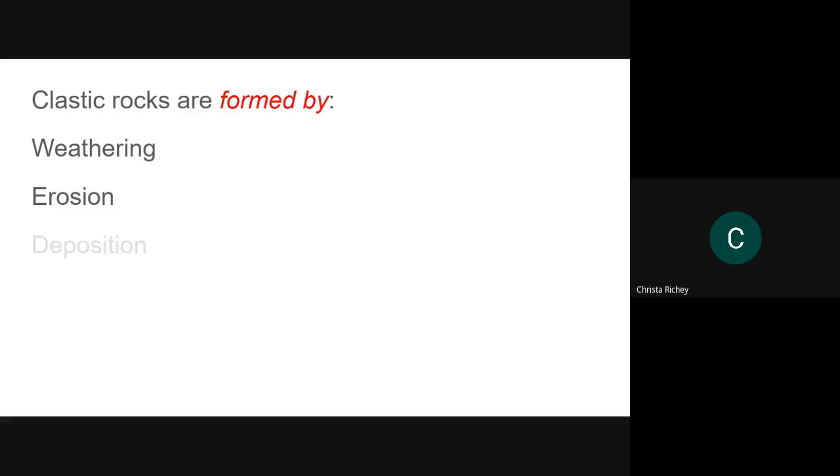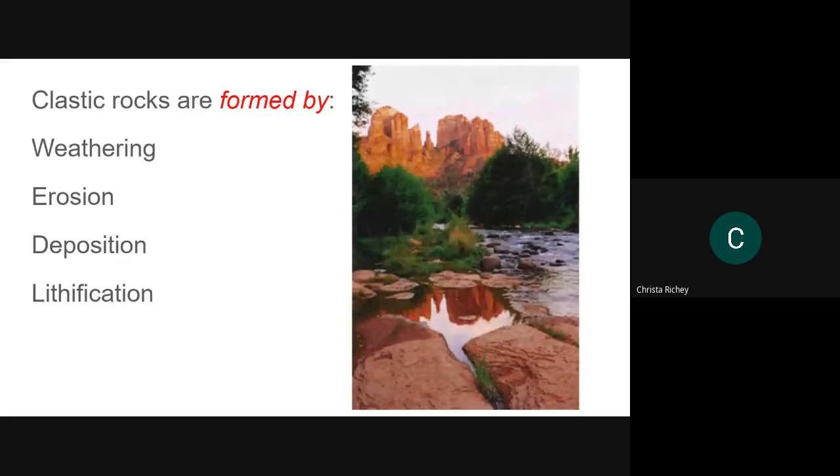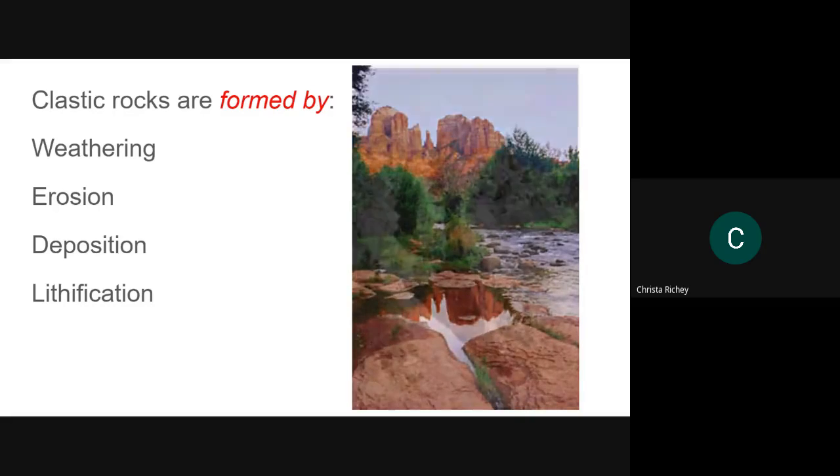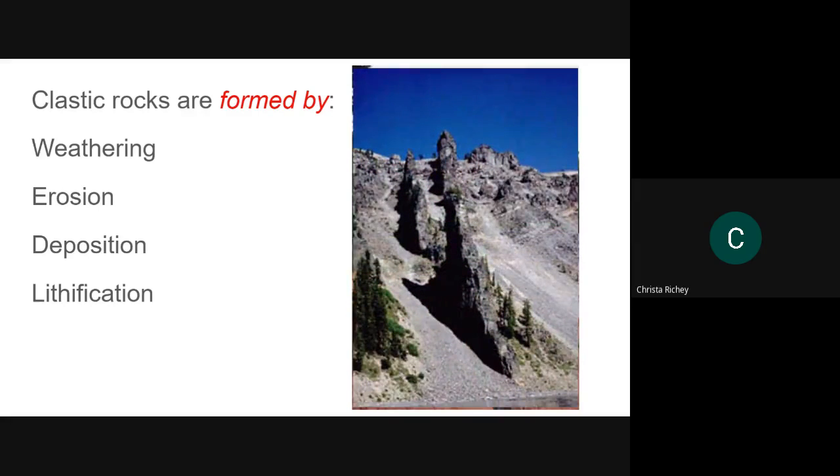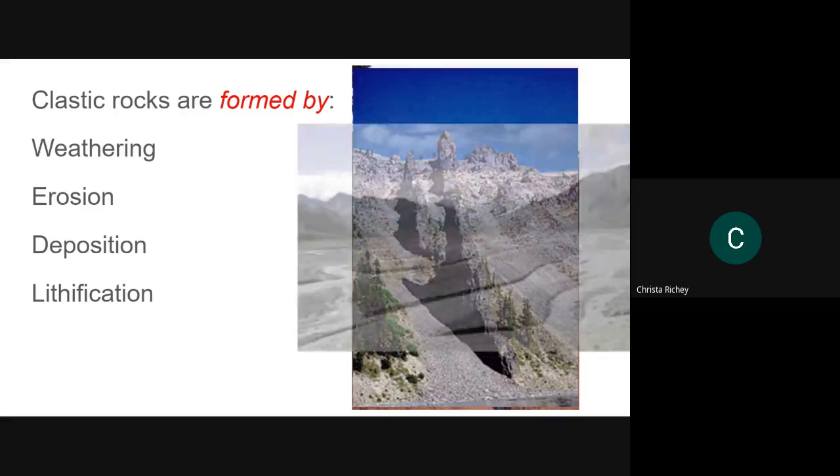All right, so clastic rocks. We just talked about this: the weathering, the erosion, the deposition, and then there are multiple parts to lithification, but we talked about those yesterday. So you have rocks that are exposed, and then you have weathering that's occurring, whether it be rain, wind, ice, animals, acid rain, all different kinds of types.